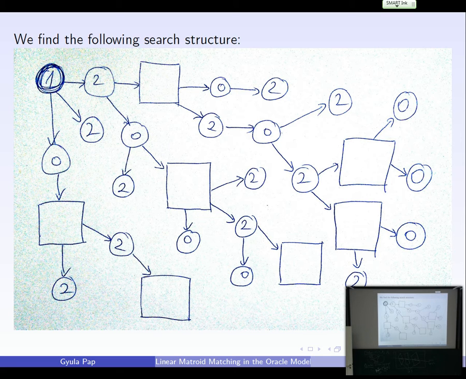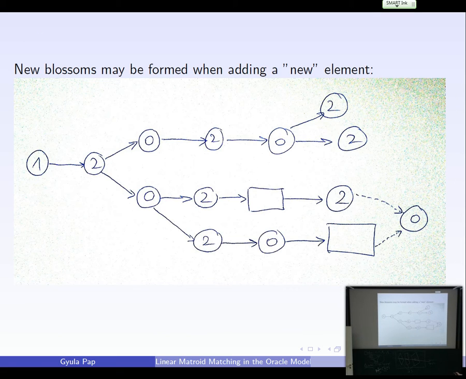We need to memorize those exchange paths that we start here from the root, and we memorize all possible exchange paths that go inside, and then one of them can be extended outward, and we need to try all those linear number of possibilities.